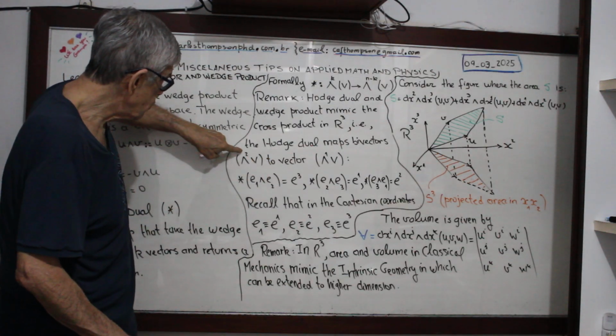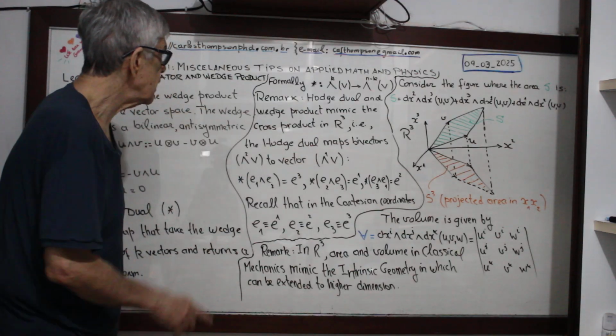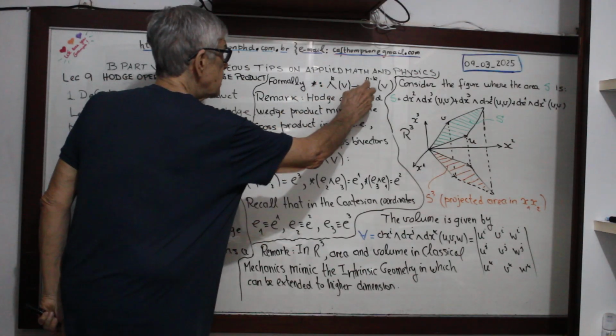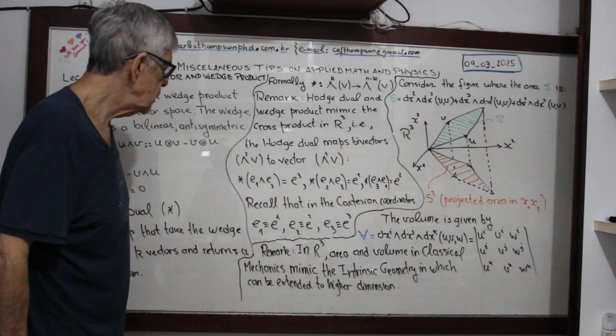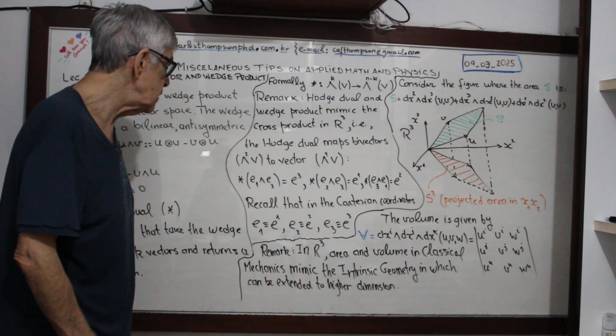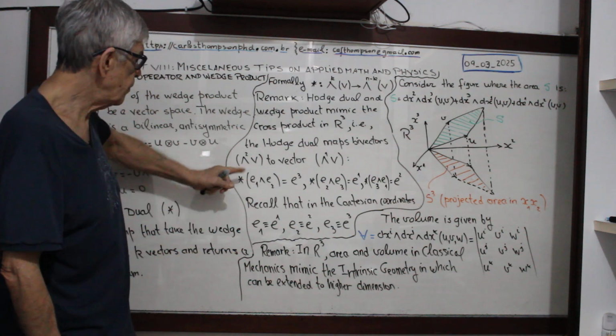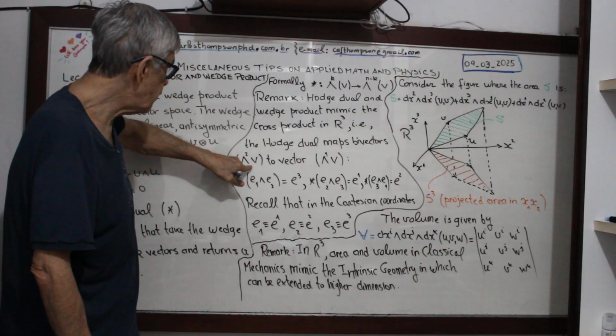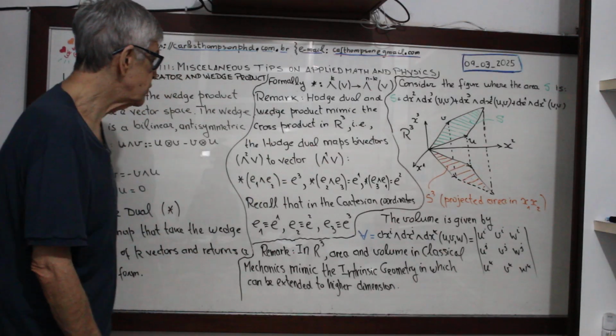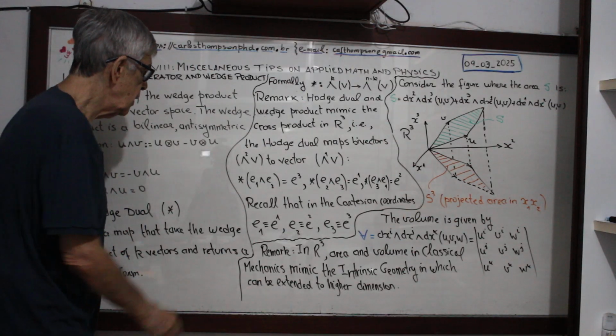This number 2 here and this number 1 over there are just k and n minus k. In this case, n is 3 and k is 2. So this is from 2 to 1. That's the 2 vectors, and this is one form.